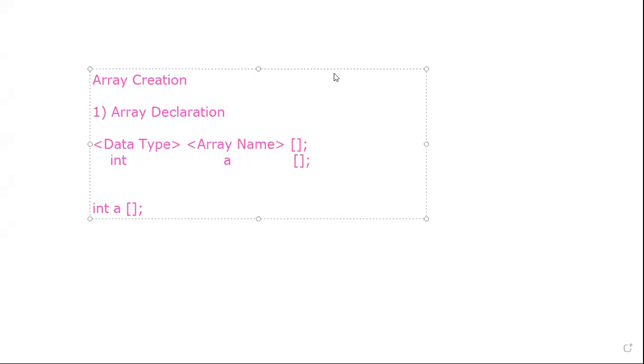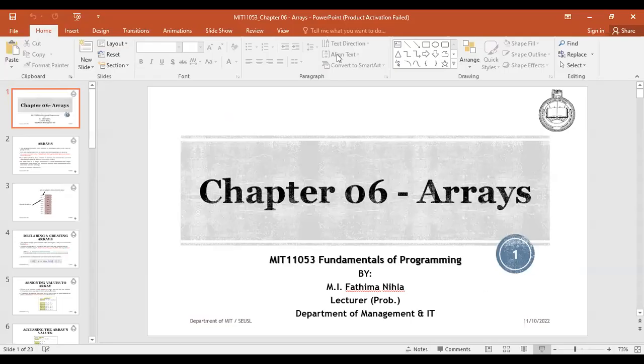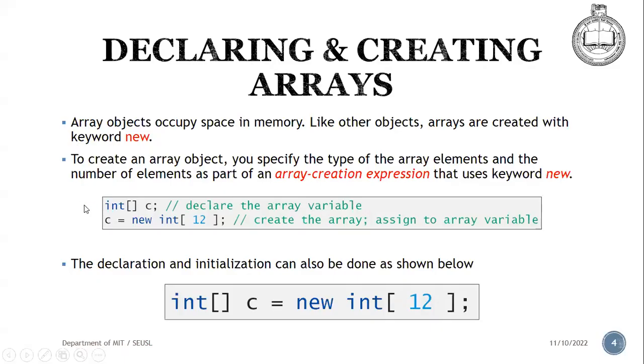So I'll go back to the slide. Here you can see int. Sometimes you can have it two ways. Here you have declared the array.